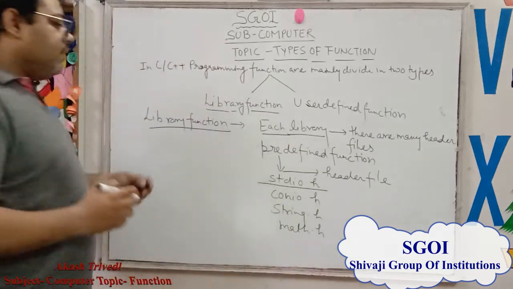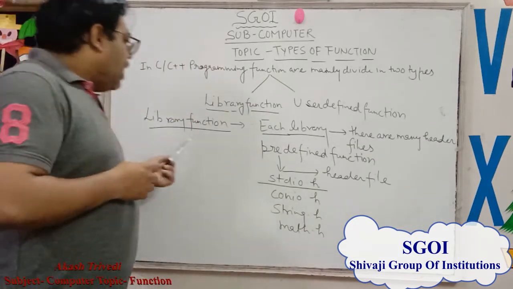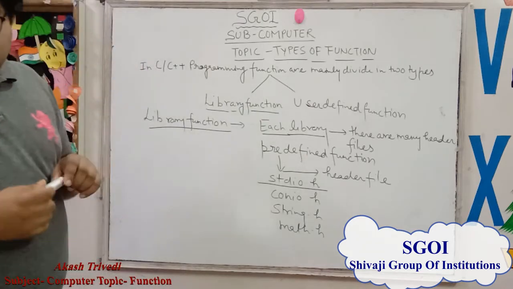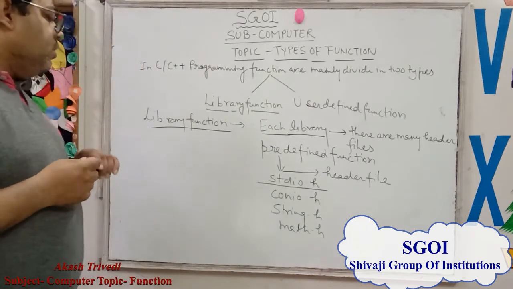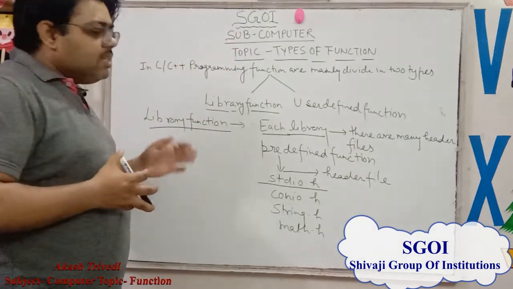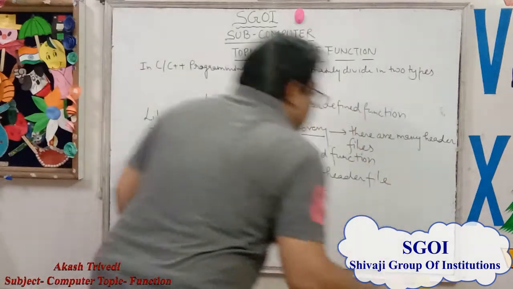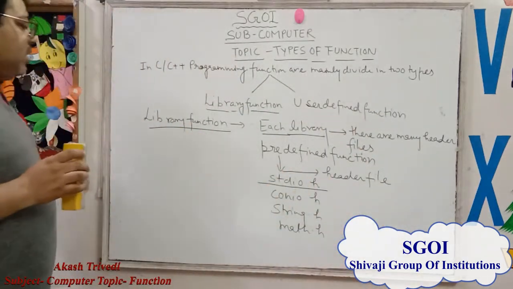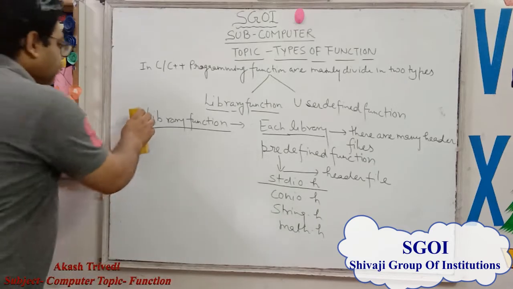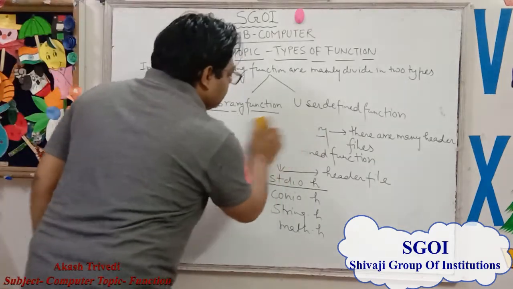These are the header files where many library functions are stored, and according to need, the user can call these library functions. We only call the function. There is no necessity to write their definition.